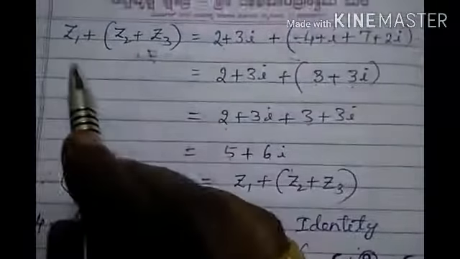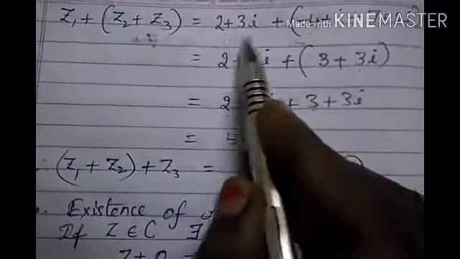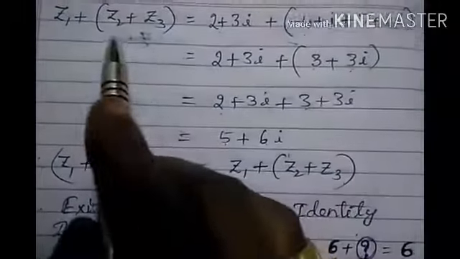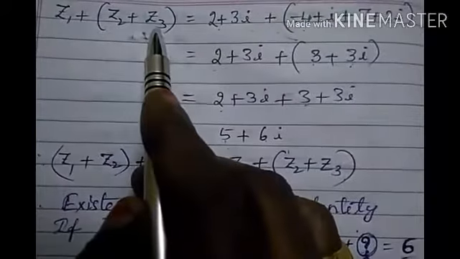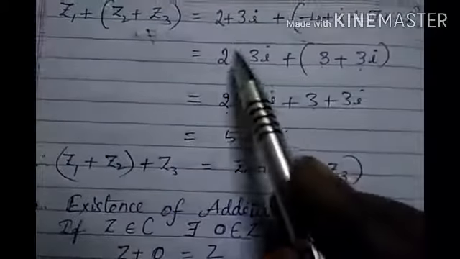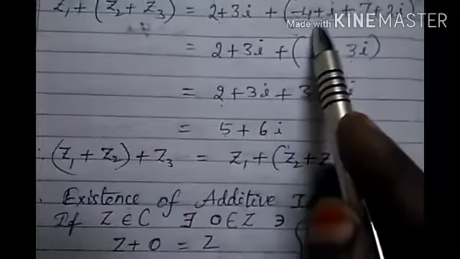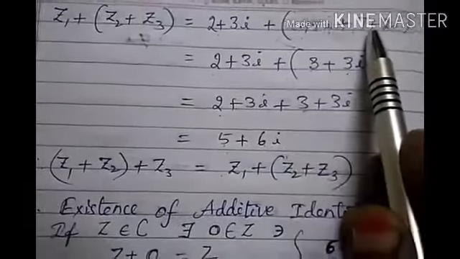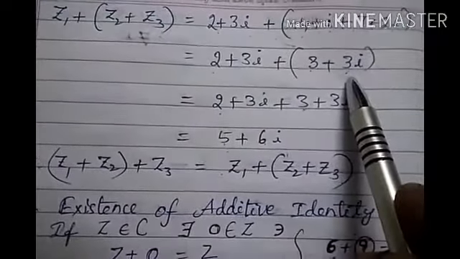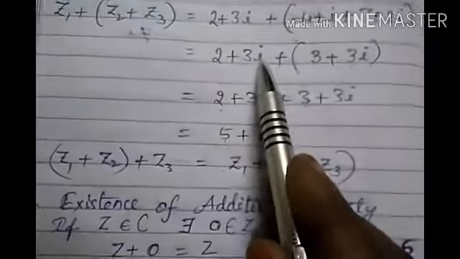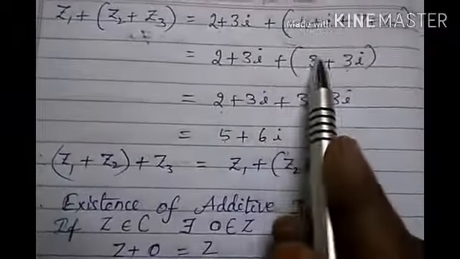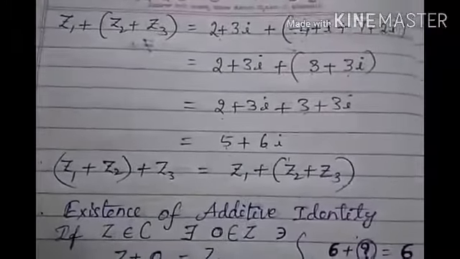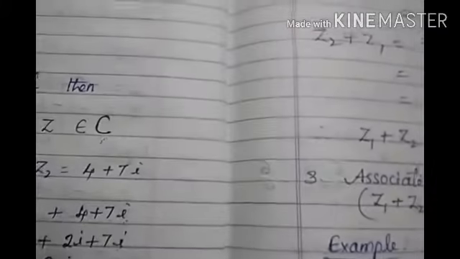Now Z1 plus (Z2 plus Z3) equal to 2 plus 3i plus (minus 4 plus i plus 7 plus 2i). Here we are adding Z2 plus Z3 first, then to Z1. If we add these two first, minus 4 plus 7 gives 3, i plus 2i gives 3i. Now 2 plus 3i plus 3 plus 3i. 2 plus 3 gives 5 and 3i plus 3i gives 6i. Observe both results.